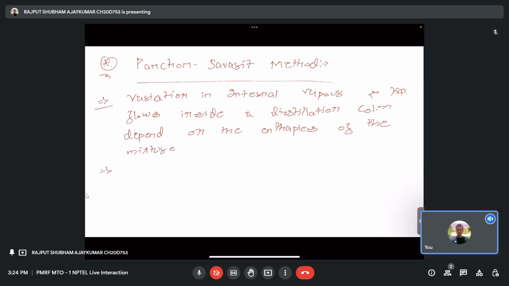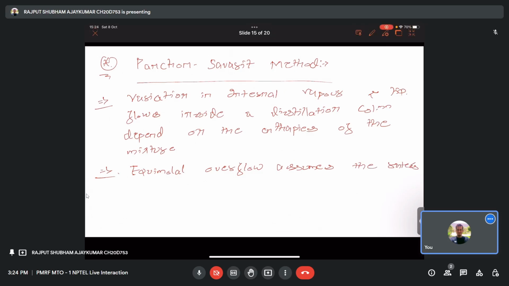And the second thing is that equimolar overflow assumes the rates are independent of the energy balances.